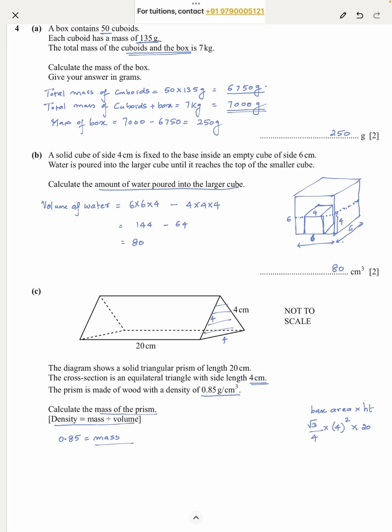Okay, so let's take down all of these. In the denominator, root 3 by 4 into 16 into 20. Now in the next step, let me do the simplification, and 80. So let me retain that mass on one side, push all the numbers on the other side so that we get something like this.